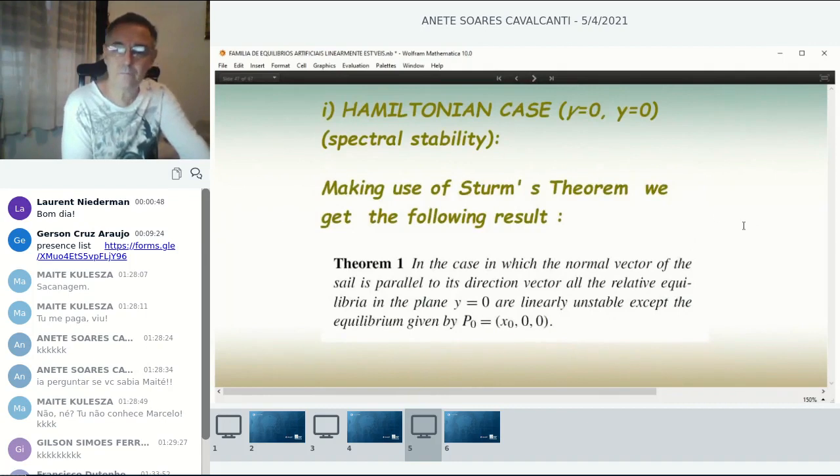And we make use of the Sturm theorem to analyze all the possibilities of real roots for that equation.